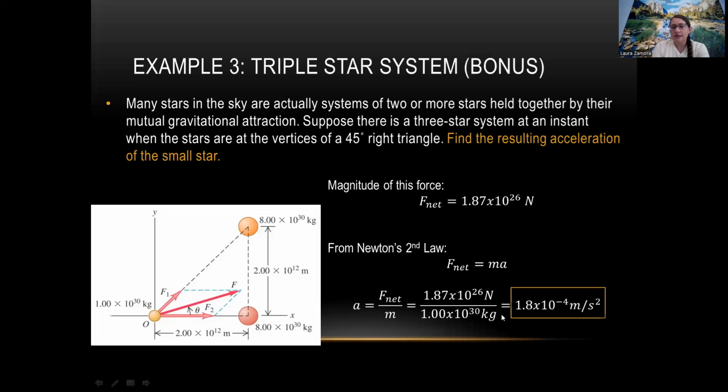That gives us an acceleration of 1.8 times 10 to the negative 4 meters per second squared. So again, since this question is now throwing in another topic, Newton's laws, this would be something seen on the test or a final exam.